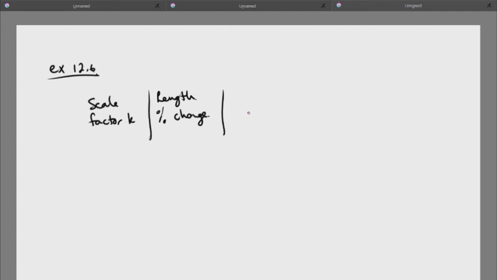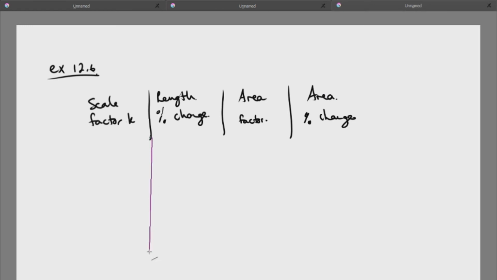So the scale factor is a length factor, then there's the area factor, and the percentage change referring to the area, of course.